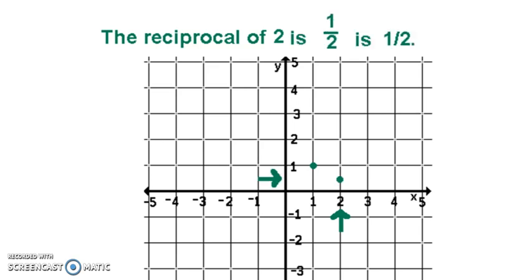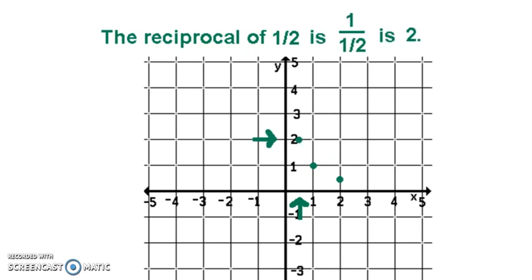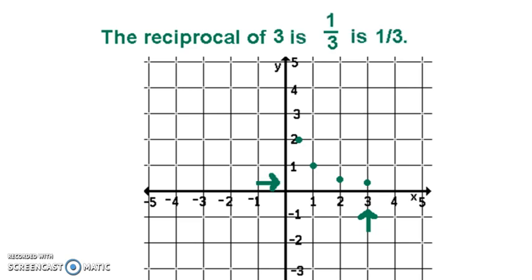The reciprocal of 2 is 1/2. The reciprocal of half, when you flip it, would be 2. So when you take the reciprocal of a smaller number, it's going to get bigger.